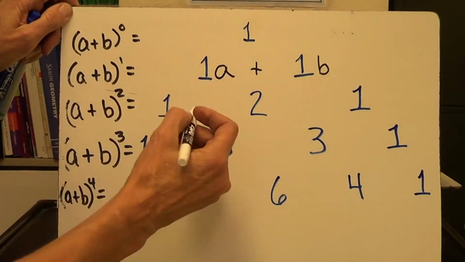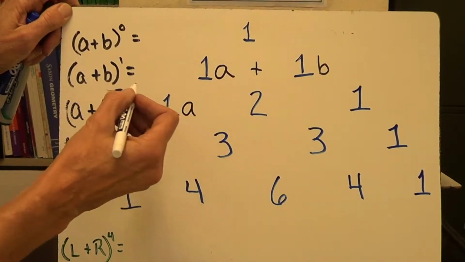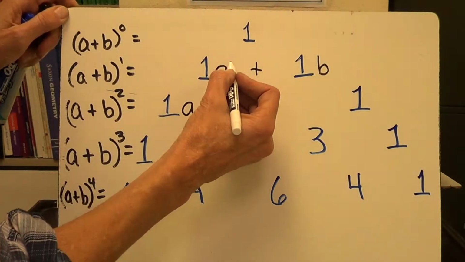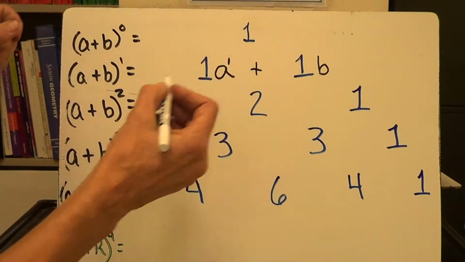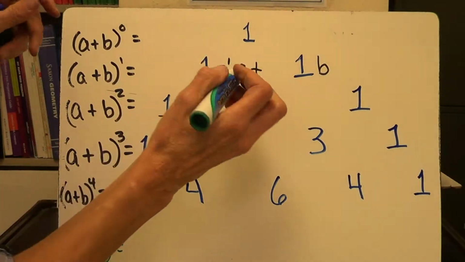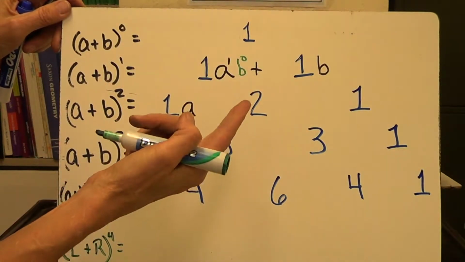Now, we go to the next one. A plus b to the second power. That's 1a. I need to kind of show you my exponents on these to let you see what's happening. Here we had a to the first, and I didn't write it, but you could put a b to the 0th. The reason I don't write it is it wipes itself out.